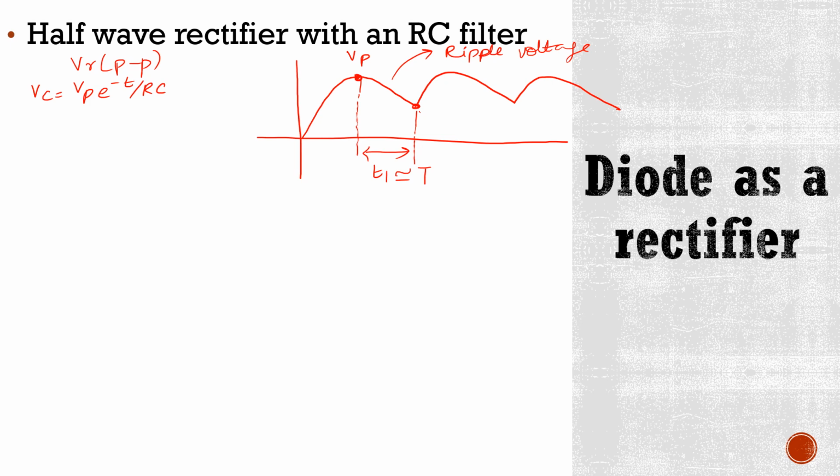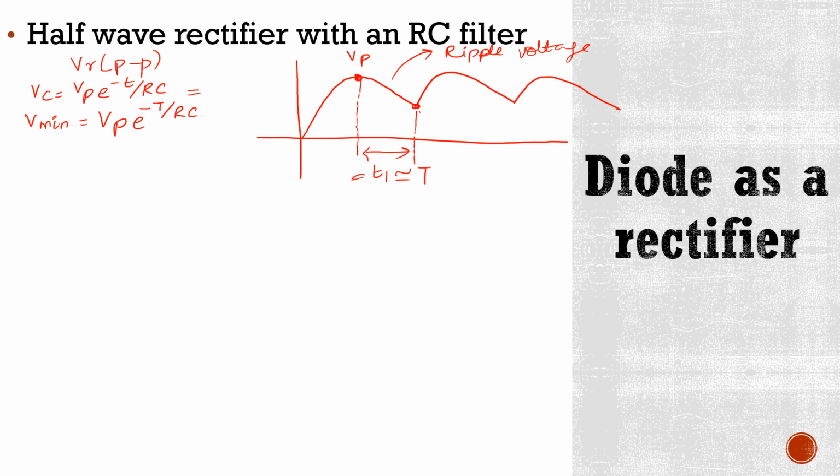Now if we put this value in this equation, we get minimum voltage across capacitor, which is given by this equation Vp e raised to the power minus capital T divided by RC.